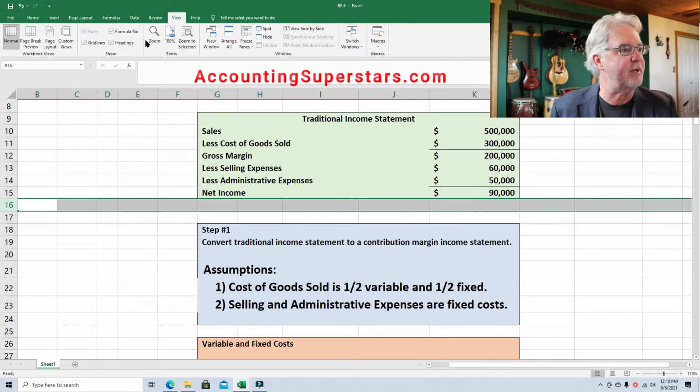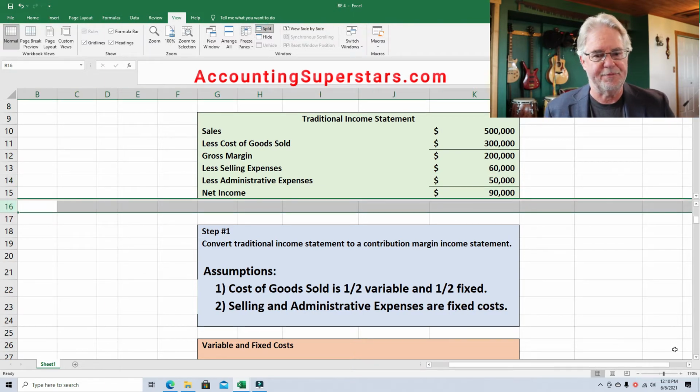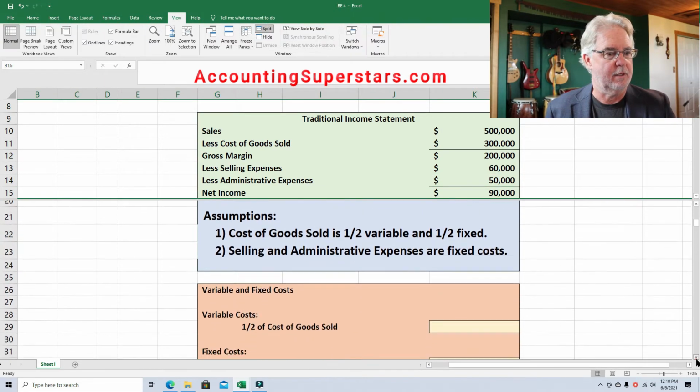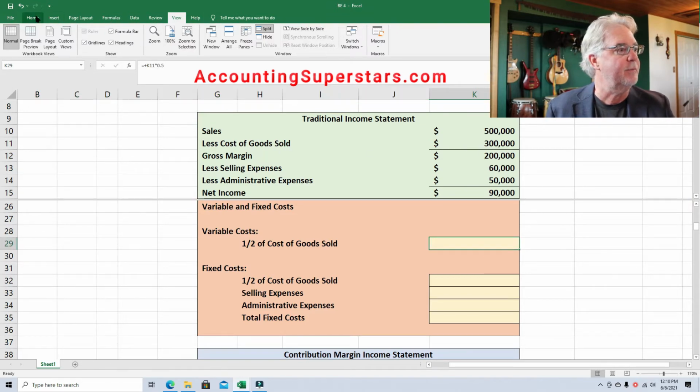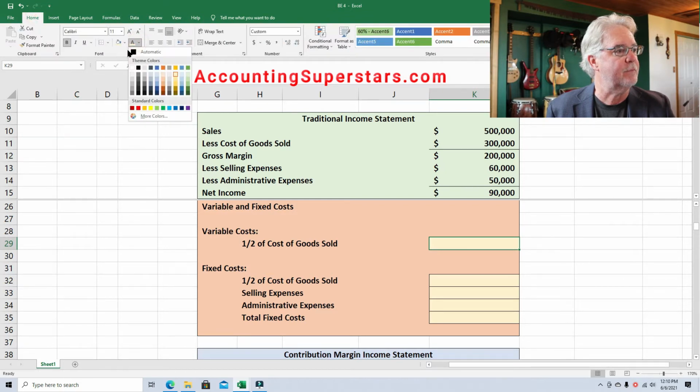So I'm going to split the screen. There we go. And so let's figure out the total variable cost. Well, as mentioned, cost of goods sold, half of it is variable. So let's put that right here. There we are, $150,000.